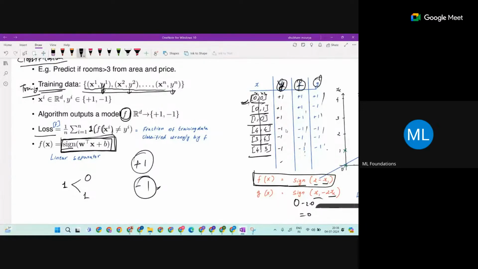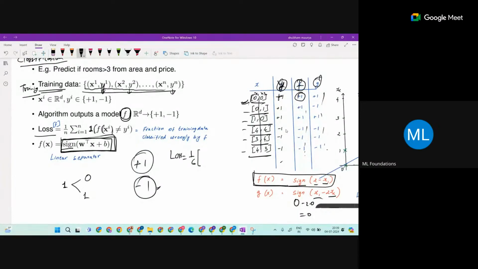Here, this +1 is given, and for F we already got plus. So if you calculate the loss for F, for the first data point it is going to be 1 by how many values are there? How many data points do we have? Here is 1, 2, 3, 4, 5, 6. 6 data points.